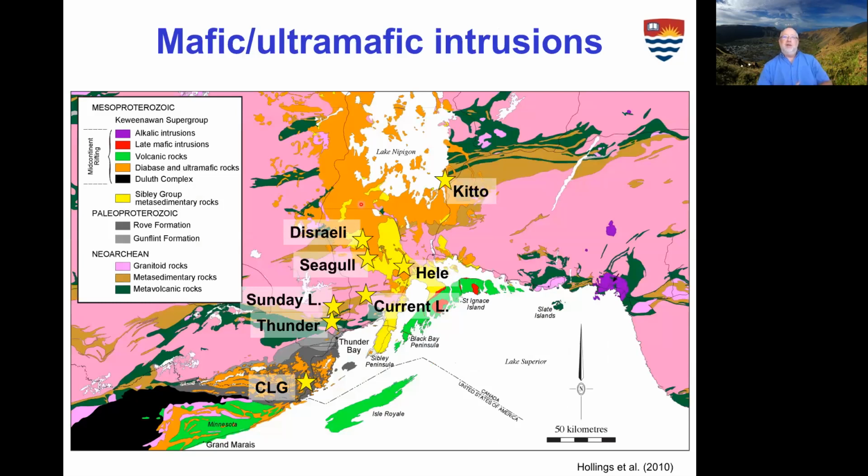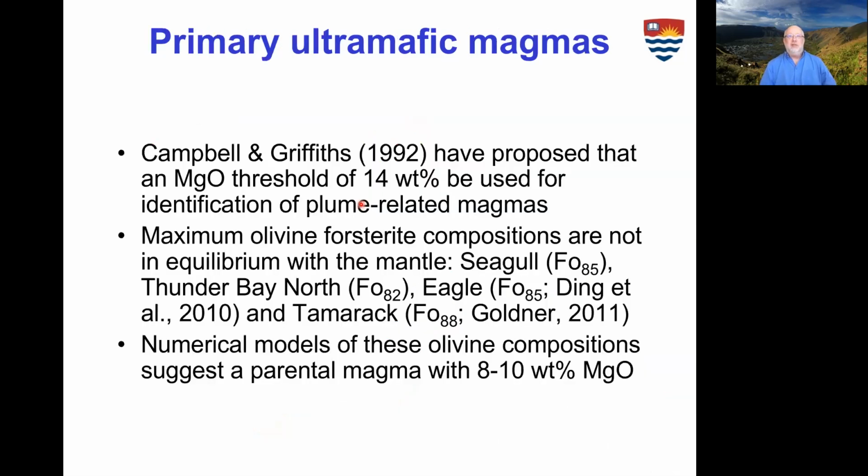The ultramafic intrusions. There's a bunch of them. A lot of people have argued that those early ultramafic intrusions require or suggest that we must have plume-related magmatism. In some of my early papers, I've made that argument as well. If you look at the definitions, and this is the Campbell and Griffiths definition, they suggest that you want a magnesium content of around 14 weight%. A lot of the ultramafic intrusions are cumulates.